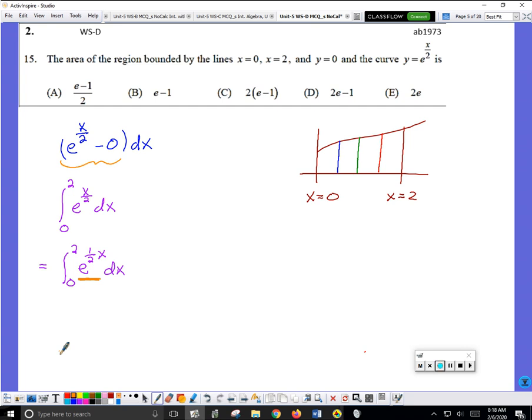So just plug it in now. This becomes 1 over a, e to the ax plus b. This is the antiderivative of this.